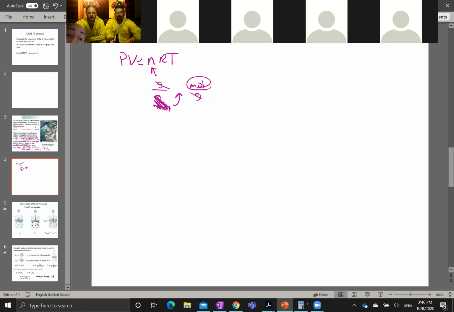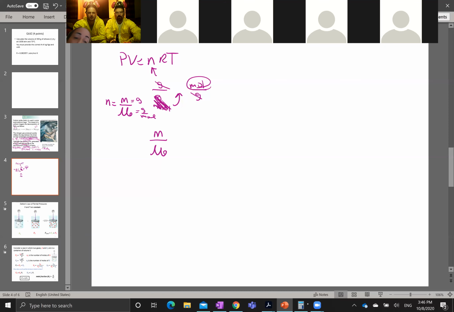Okay, so the fact that you can do that gives us an opportunity to find density, and it also helps you find molar mass of gases. So if I substitute what n really is, n is equal to little m over capital M. This one is grams, this one is molar mass.